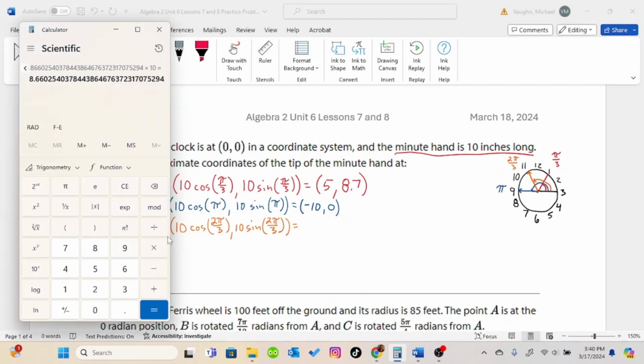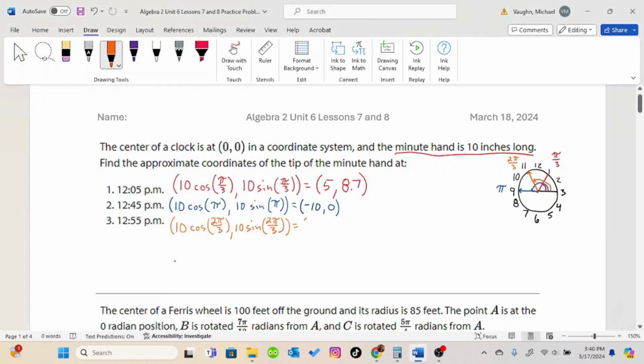So in a calculator, I can say 2 times pi divided by 3, and that I want the cosine of that. Now I'm going to multiply that by 10, and I get negative 5.